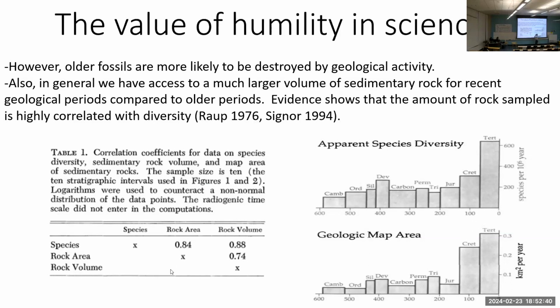As you can see, we have a ton of tertiary rock available to us, but much less as you go further into the past, which creates its own bias. So it's very hard to judge species diversity through long periods of geological time, because diversity is highly correlated with how much rock is available, and almost all the rock we have available to us is very recent. That creates a huge bias in the fossil record.